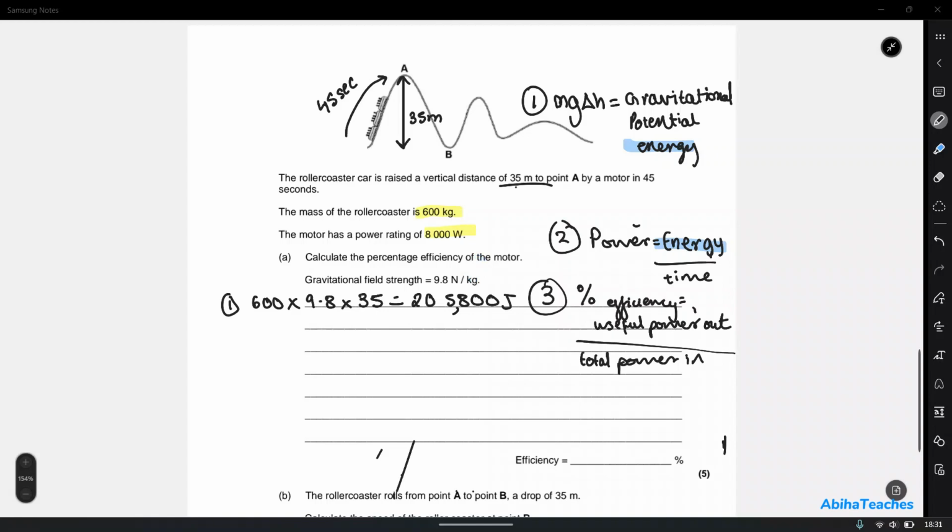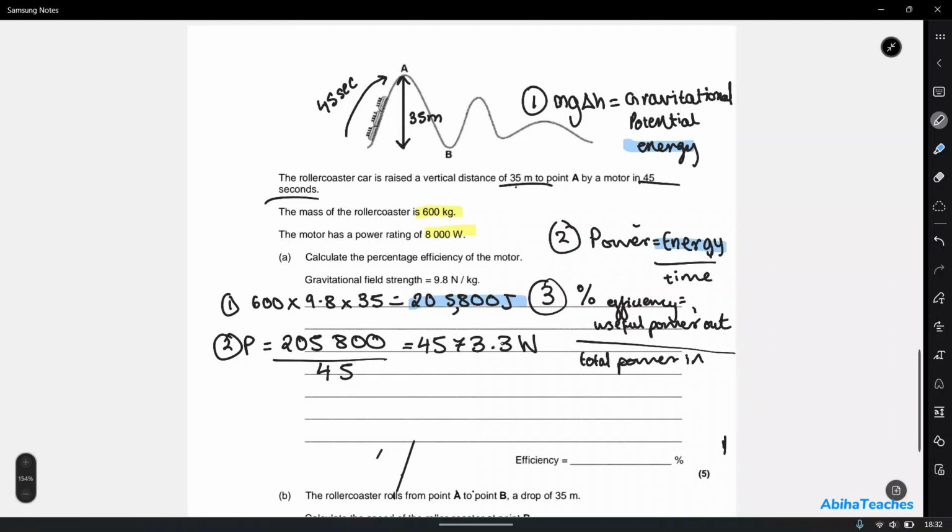Then our next step is to work out the power. Now the formula for power is energy over time. We've worked out our energy over here. Now to work out the power, I'm simply going to do the energy divided by the time, which is 45 seconds, and that will give me 4,573.3 watts. Now for our final step, we need to work out the percentage efficiency.